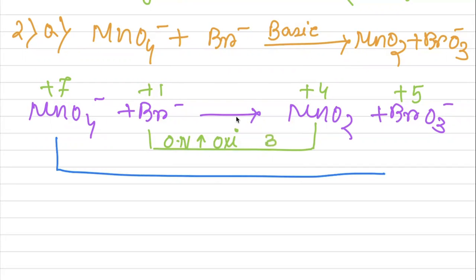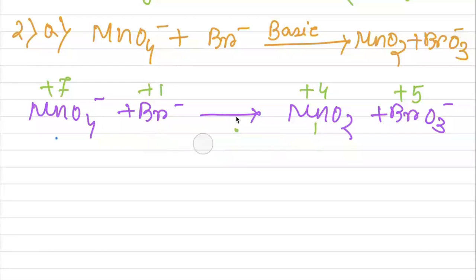Oh, sorry. I have done mistake and you didn't say anything. See, oxidation number increases. So it will be from bromine to bromine, this one, -1 to +5. So here oxidation number increases.